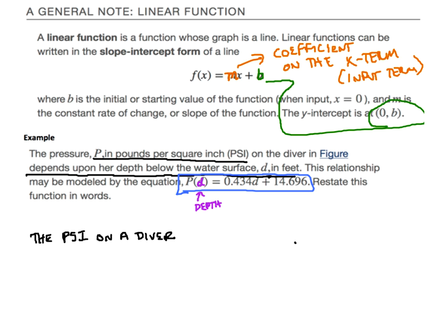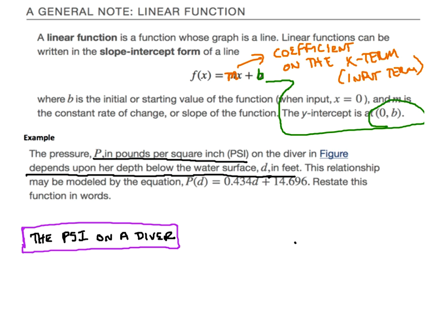Okay, so all I've done, and I'll color code this. So this part of my statement is describing my output variable. So the PSI on a diver is, another word for equals.